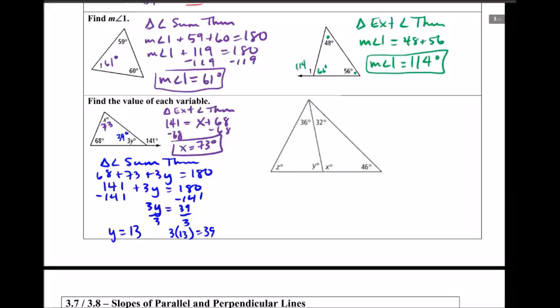Now what's another way we could have found this angle right here? Do you see a linear pair? We could have said 3y plus 141 equals 180.